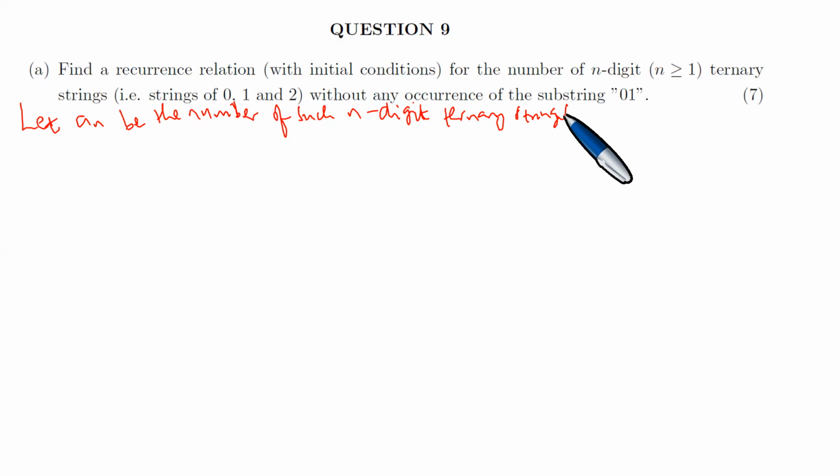So this a_n, the number of such n-digit ternary strings, is the unknown, because we need to find the recurrence relation for the number of those n-digit ternary strings. So the unknown is a sub n.